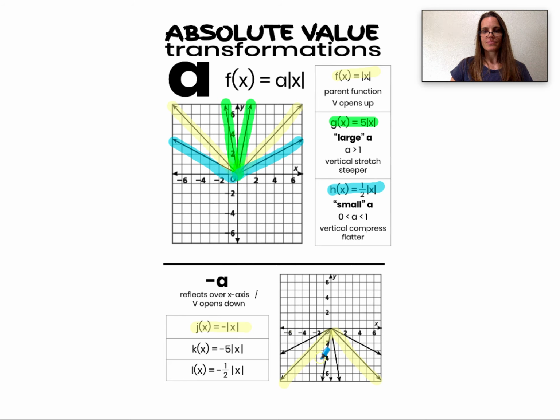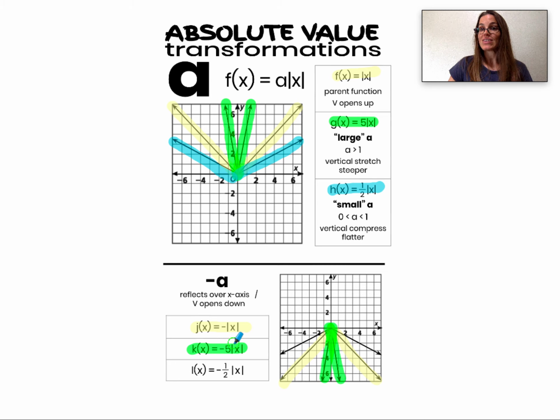Now, combining that reflection with my other transformations, I can have a large a, meaning large in absolute value, and this will again be steeper. So k of x equals -5 absolute value of x is reflected over the x-axis, and because that 5 is big, I have a steeper graph.